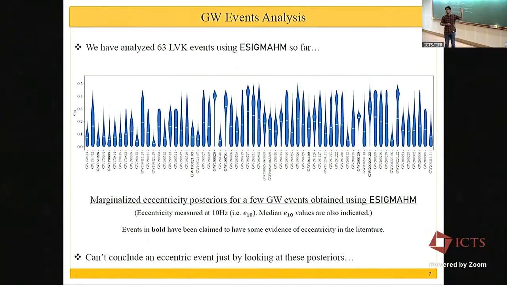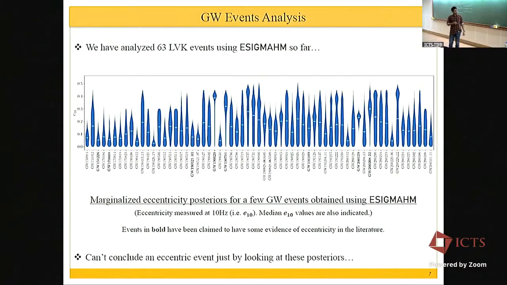And I have symmetrized them just to make them look beautiful. These are called violin plots. So as you can see, in bold, I have indicated some events which have been claimed to be eccentric by some of the previous analyses. But obviously, you can see that some of these posterior distributions on eccentricity are very flat. So you can't really conclude whether they are eccentric or not.